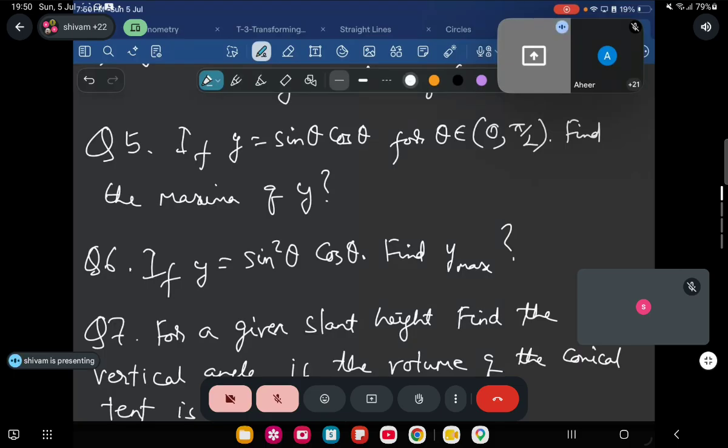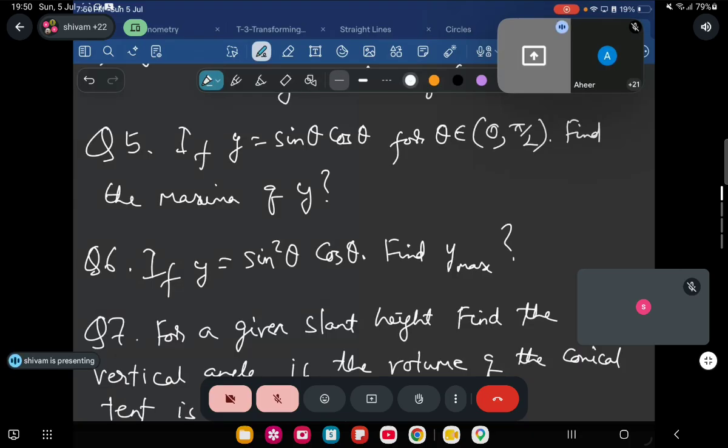What is written? Sir, sure. What y max? Question number 5. So I want the maximum value. We are finding something else. Something else is given. Sir, please. Oh no, yours is correct. First one is correct.